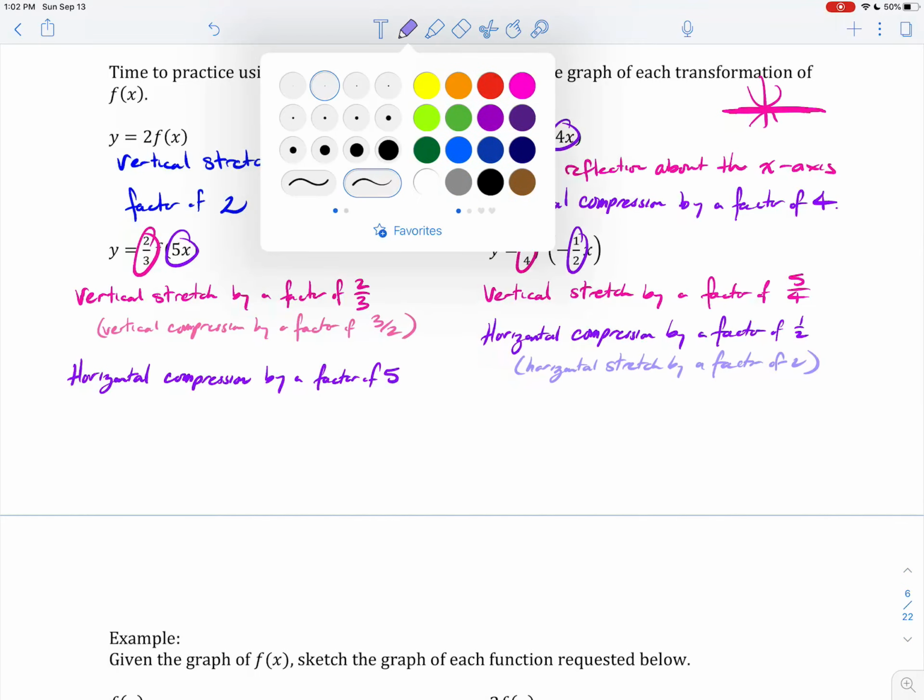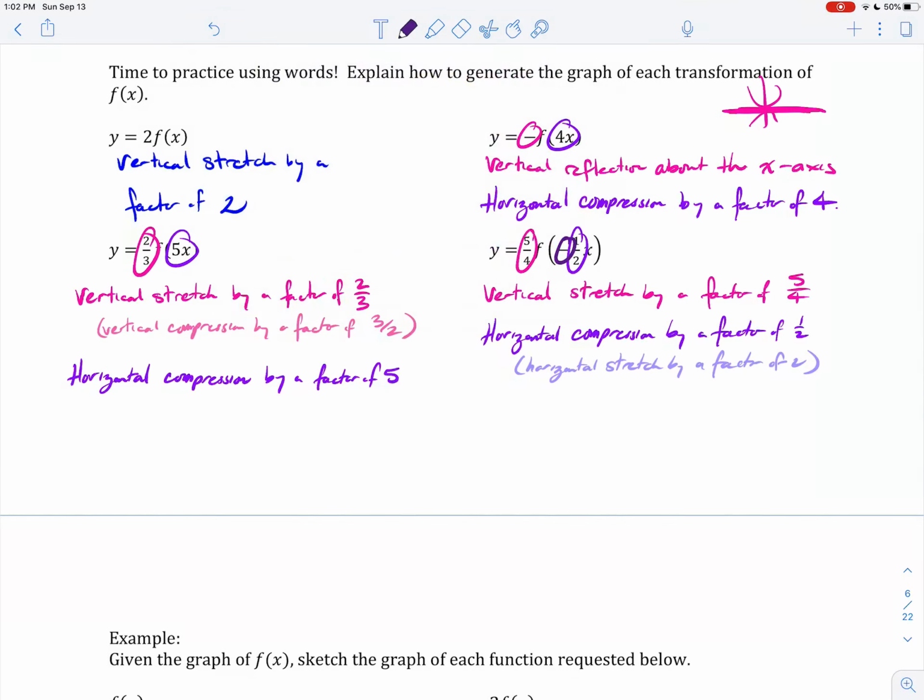And then finally, there's one other thing going on, and that's this negative right there. It's going to cause a horizontal effect because it's inside the brackets. That negative is going to cause a reflection.